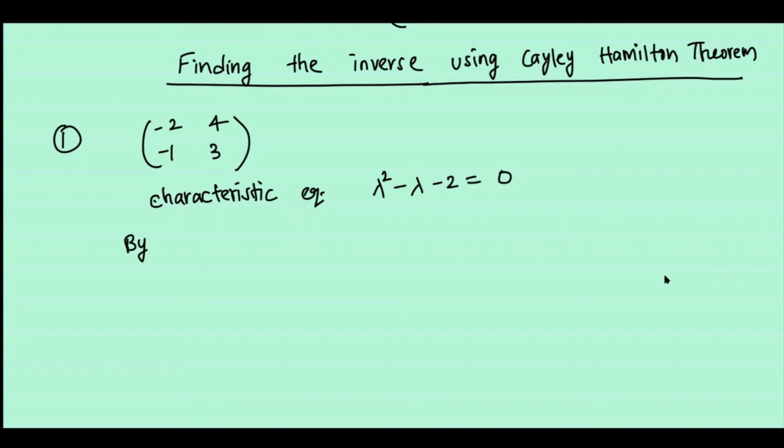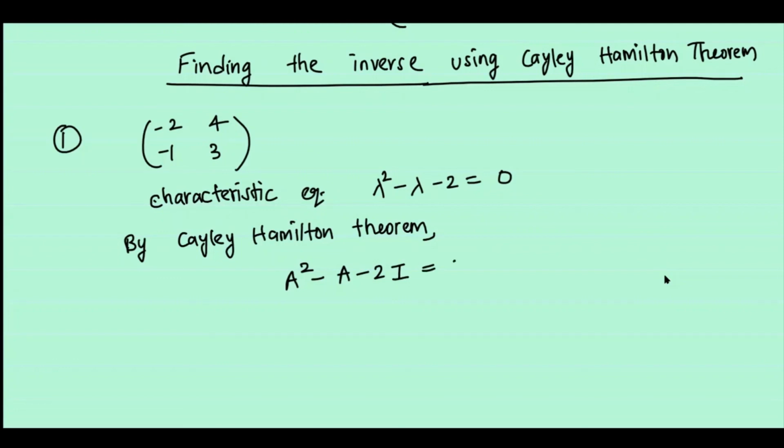So by the Cayley-Hamilton theorem, we get A square minus A minus 2I equal to 0. This implies that A square is equal to A plus 2I.